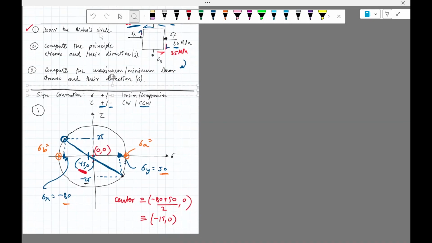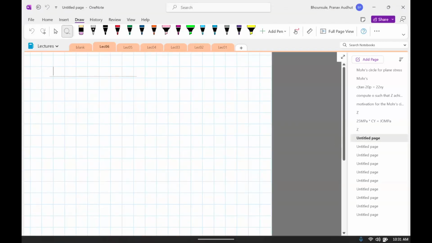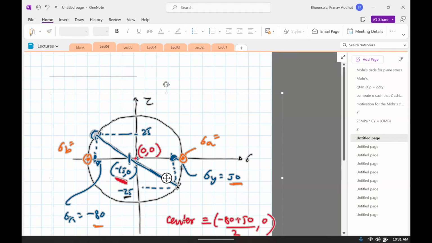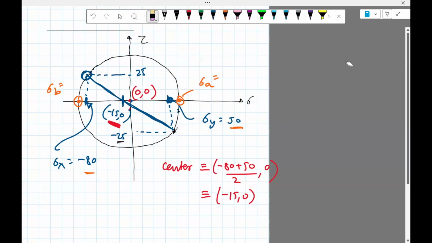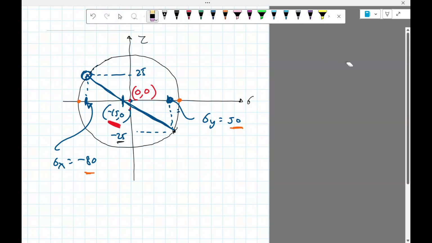I'm solving number 3. Now I'm interested in these points, and the angle I'm interested in is the angle between this plane and that point.